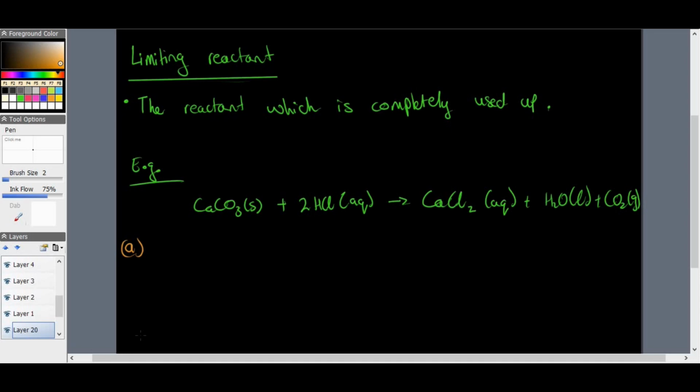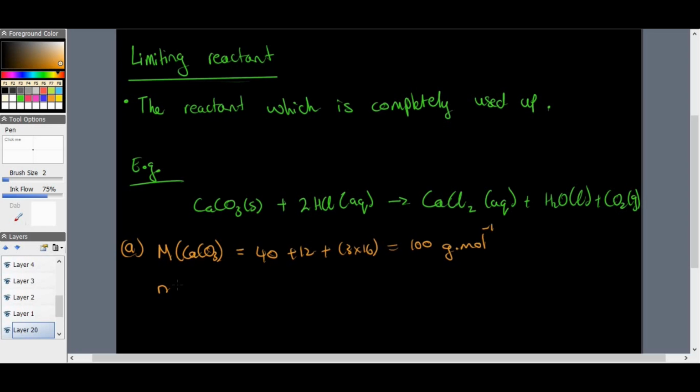So the first thing that we need to do is calculate the molar mass of the calcium carbonate. That should be about 40 plus 12 plus 3 times 16, and believe it or not, that equates to 100 grams per mole. Then we calculate the number of moles of it.